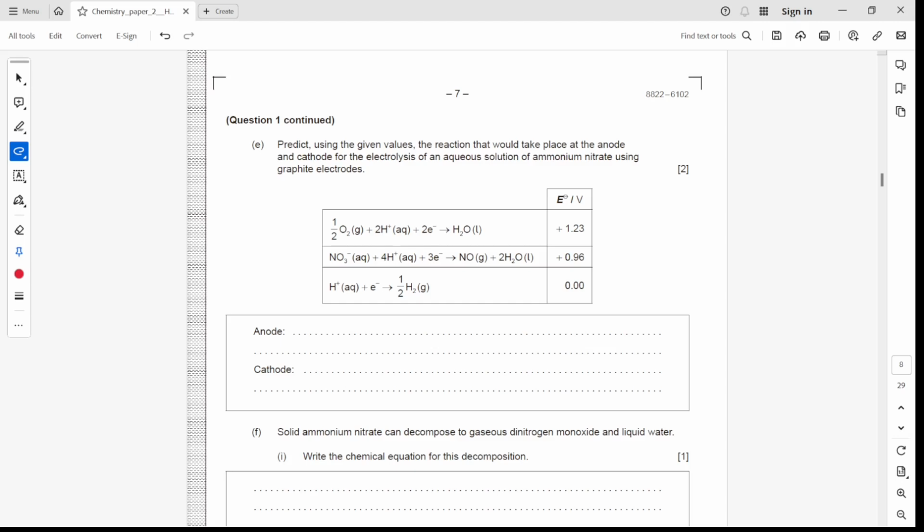So for anode, basically we have only one reaction, really, and this one, because we don't have NO and we don't have hydrogen gas in our initial solution, so it can't happen. And it would look like this.